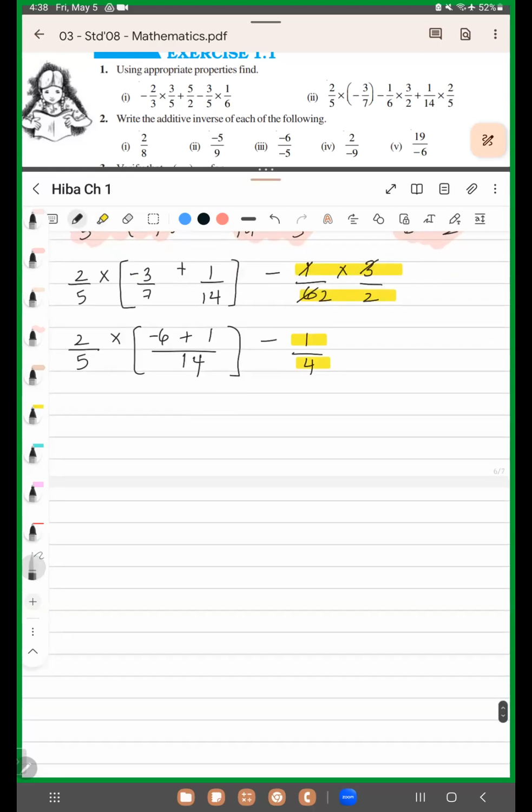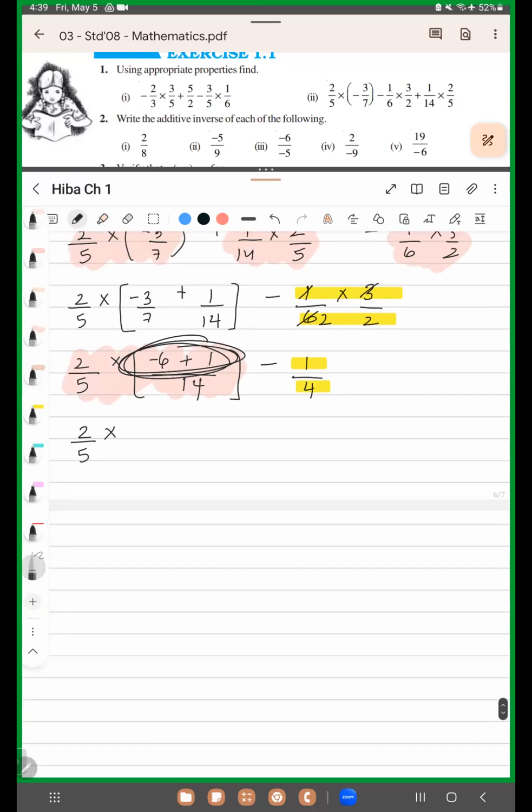Now let's proceed. So abhi we are taking care of this thing. This is one term. ठीक है? So this is 2 by 5 multiplied by, अब ये जो न्यूमरेटर में है इसको थोड़ा सिंप्लीफाई करिए. Minus 5 by 14. Very good. Minus 5 by 14, and over here we have 1 by 4. ठीक है?